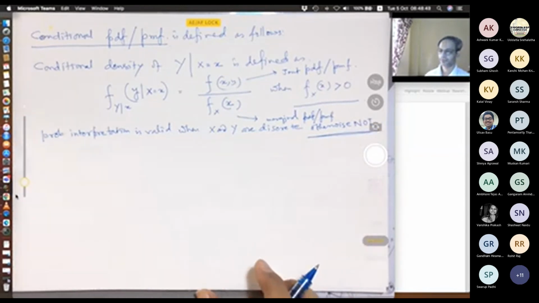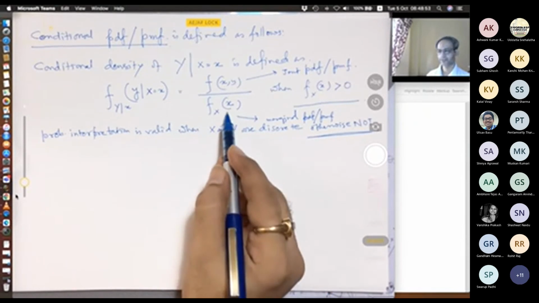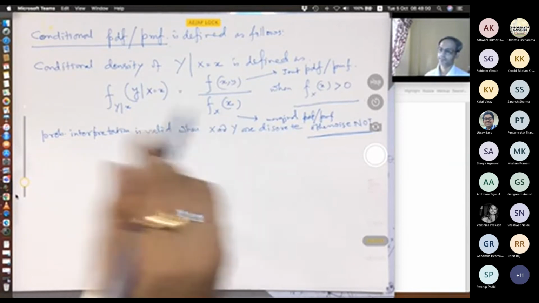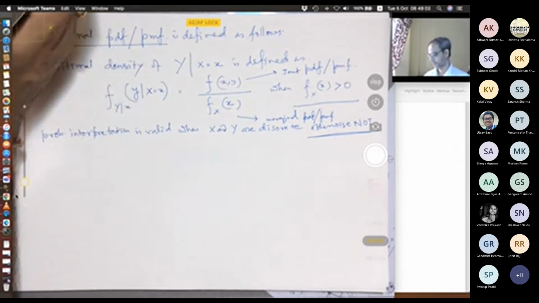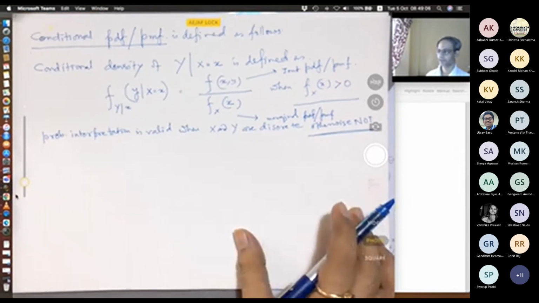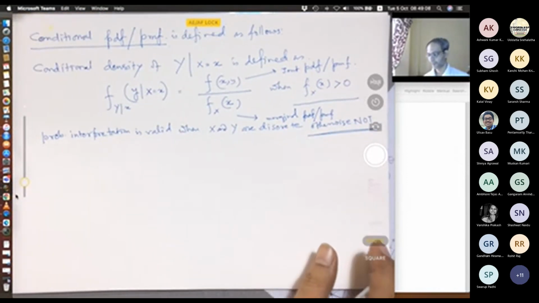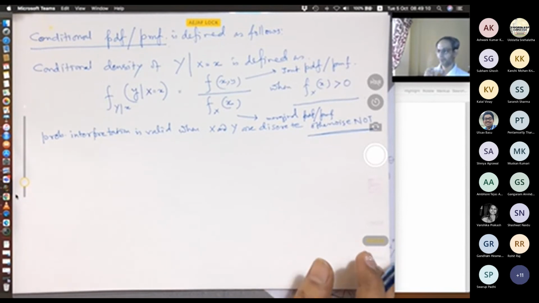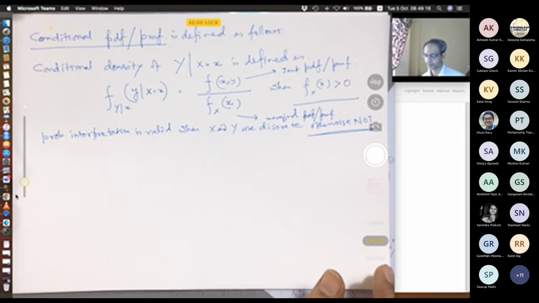Be careful. Students often make this mistake. They say this is probability, this is not probability. Probability interpretation only holds for the marginals of a discrete valued random variable. Otherwise, in general, they are densities. Similarly, you can define the probability of y given x or x given y. There is no harm in it.